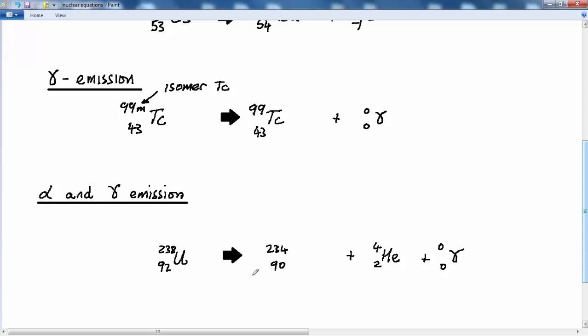And we're going to find that we've got in that case thorium. That's 2 elements lower down in the periodic table. This is thorium-234. We check our equation to make sure everything adds up. 92 is equal to 90 plus 2 plus 0. 238 is equal to 234 plus 4 plus 0. Everything's fine.